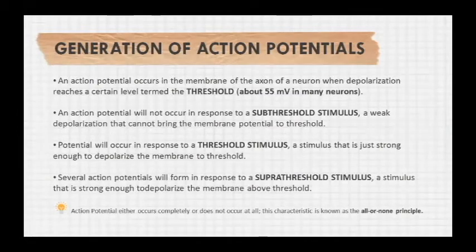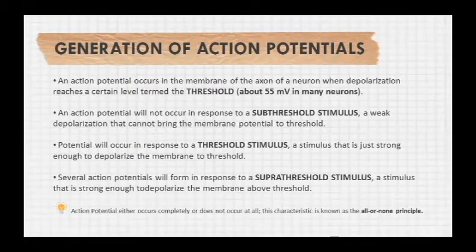An action potential will not occur in response to a sub-threshold stimulus, which is a weak depolarization that cannot bring the membrane potential to threshold. This sub-threshold stimulus is much weaker than the normal threshold stimulus. That is why we should remember the -55 millivolts.